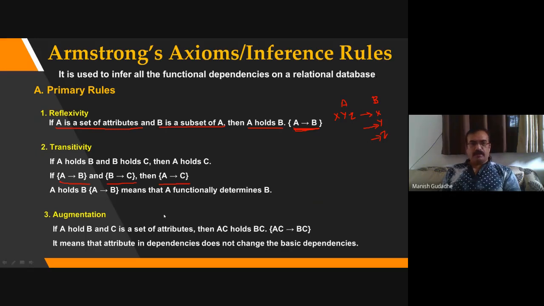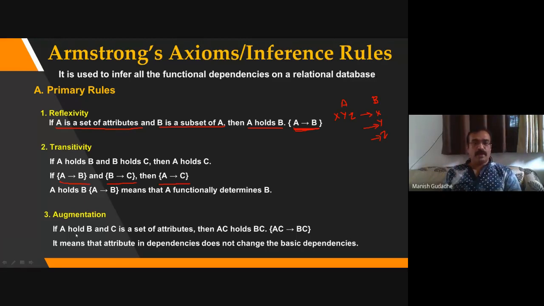In augmentation, augmentation means increasing the size of operands or size of input. Augmenting something means increasing the size of input. In this case, if A determines B and C is a separate set of attributes, maybe 1 attribute or 2 attributes, on both sides we can multiply with that set of attributes.